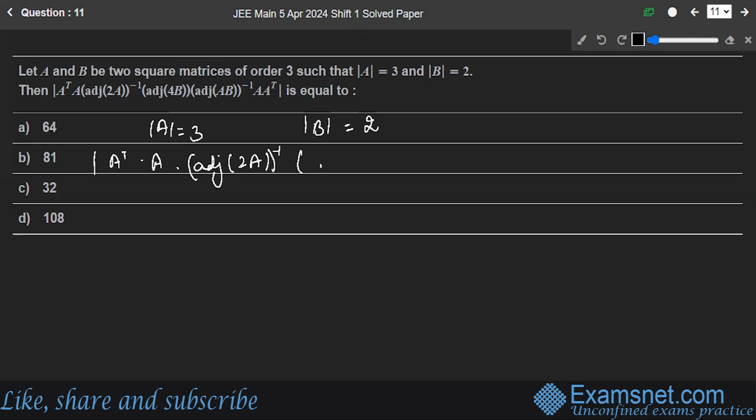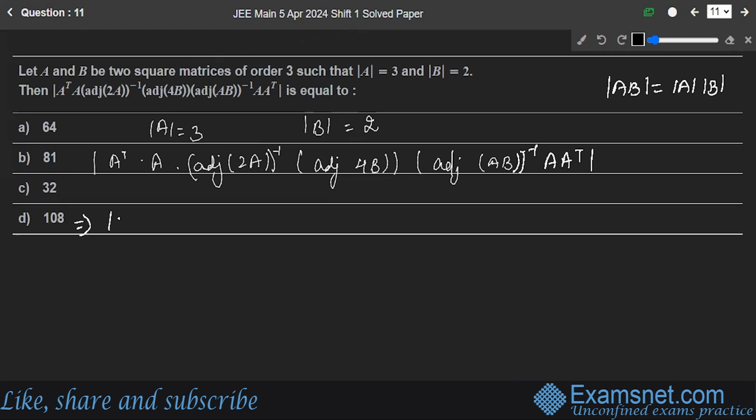And then adjoint of 4B, adjoint of AB inverse into A transpose determinant. So this can be written as, you know, the determinant of AB: A multiply B is equal to determinant of A multiply determinant of B. This is equal to A transpose determinant into A determinant into adjoint of this.